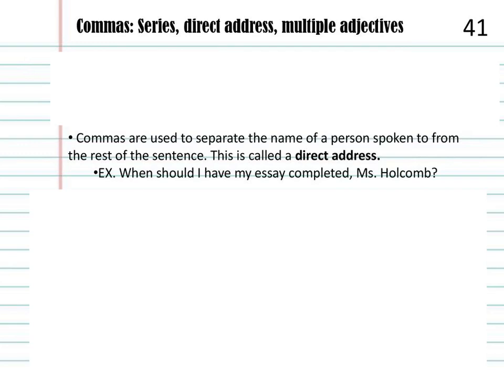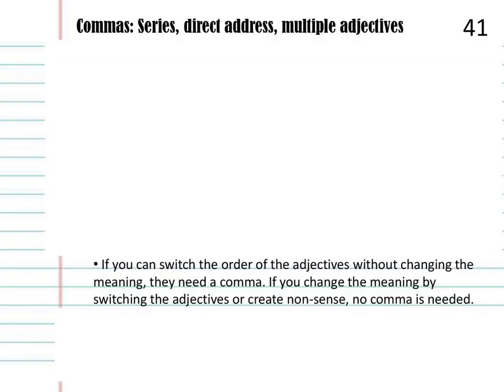The person is asking the question about when their essay, which is probably their homework, should be finished. So the person asks, when should I have my essay completed? And before using the name of the person that they're talking to, they put a comma. This is called using a direct address because the person is speaking directly to someone. If we have more than one adjective, sometimes we will use commas and sometimes we won't.